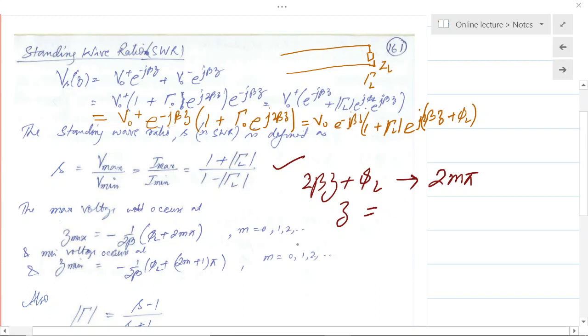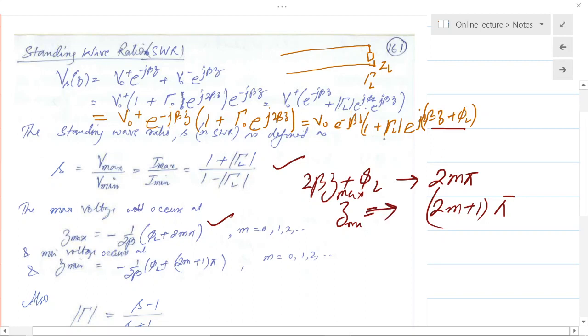So Z maximum will occur for this condition. Similarly, the minimum voltage will occur when this is an odd multiple of pi, that is, 2m plus 1 times pi, and then you will have Z minimum.